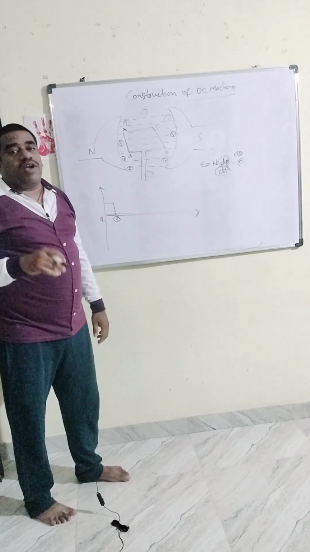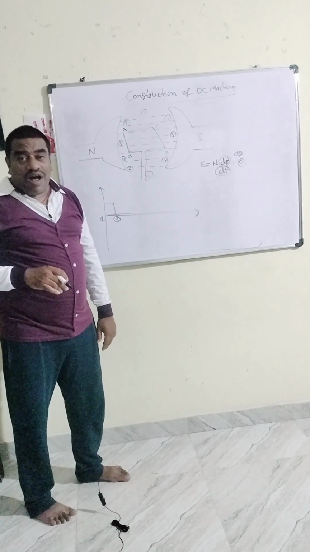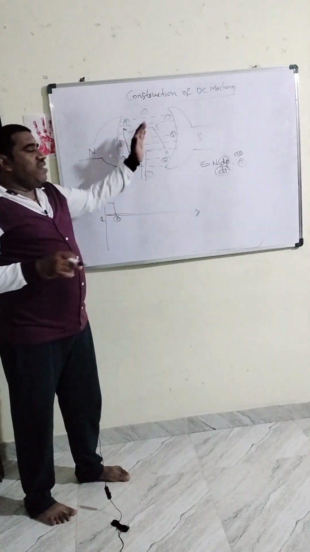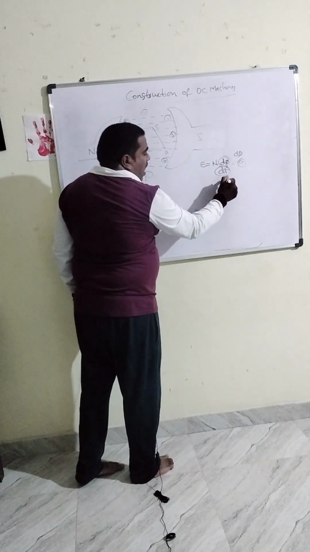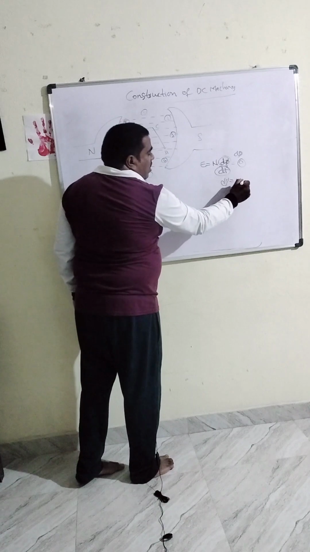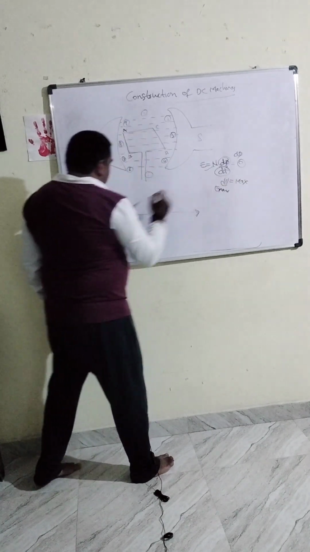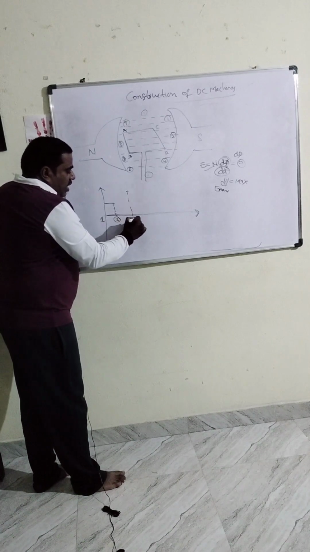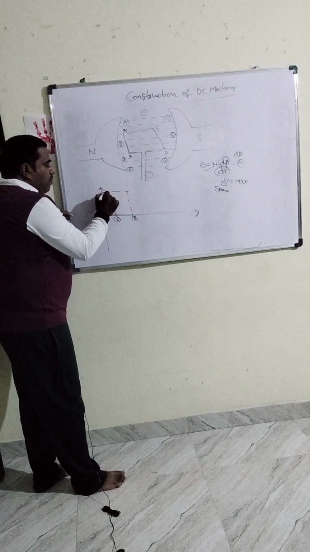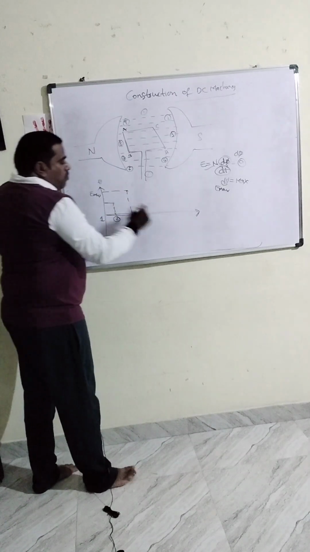So the maximum EMF will be induced in the armature winding, because the maximum change in flux exists. Then the EMF is also maximum. E max is produced here. That is why at position number 3 the maximum EMF is induced. E max.